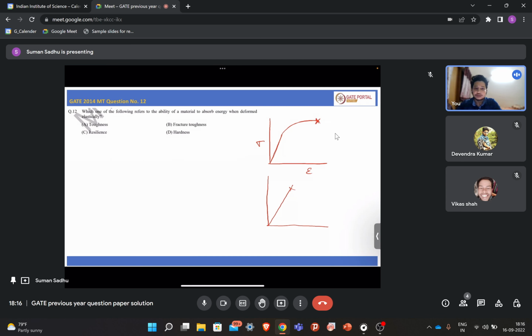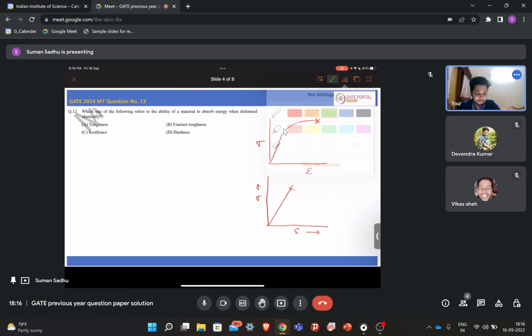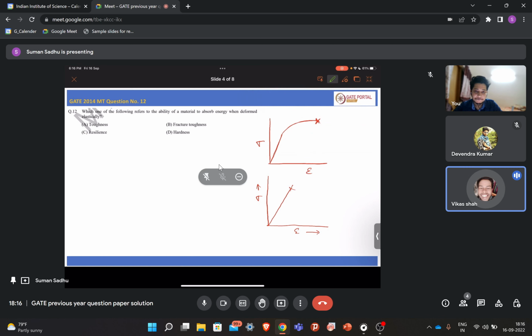Now, from this stress strain curve, can you show me which area will be the resilience, or how we can determine the resilience? Sir, we draw the vertical line from the yield point, and that region will be the resilience.